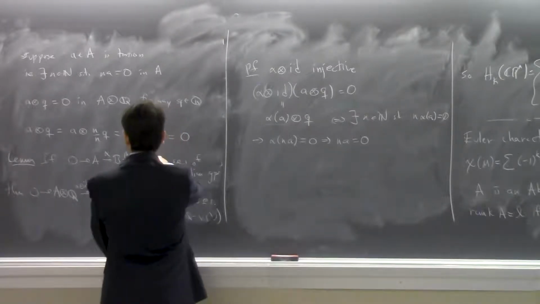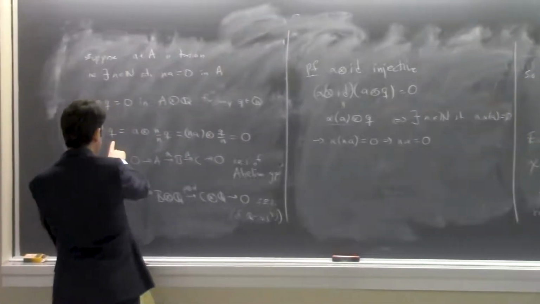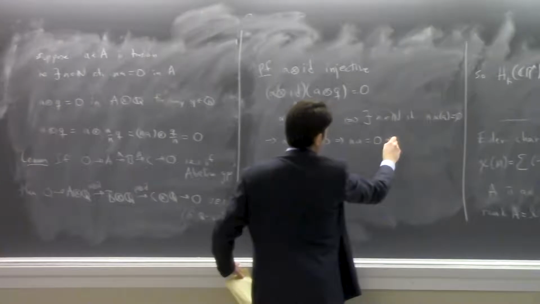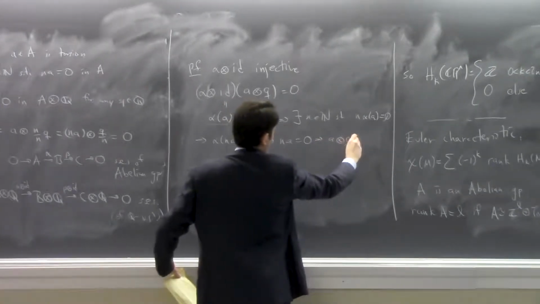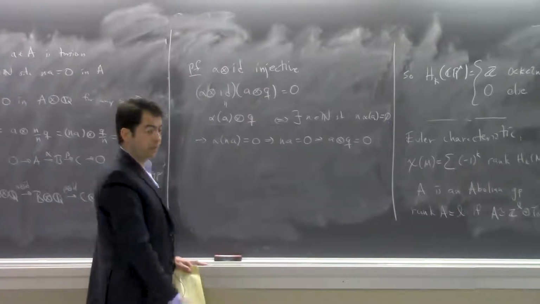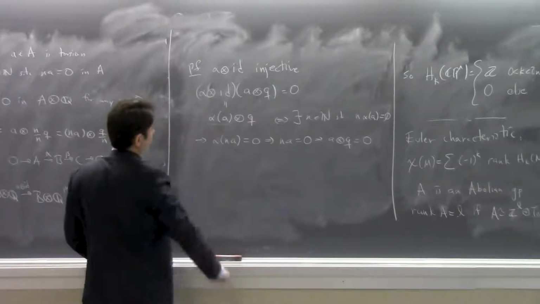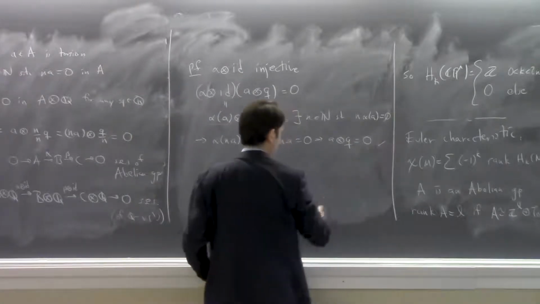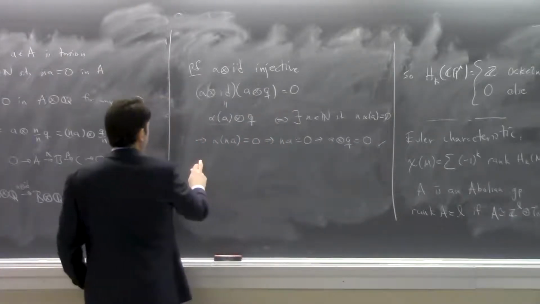But as we just saw over here, if A is torsion and you tensor it with any rational number, you get 0. So this tells us that A tensor Q was 0. Right? And so alpha tensor the identity is injective. Right?